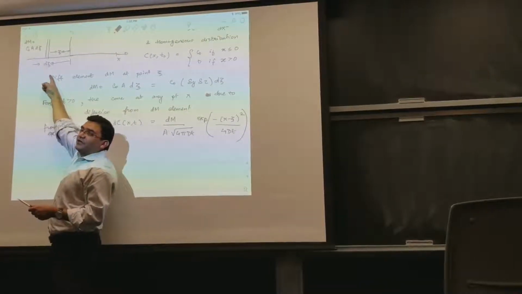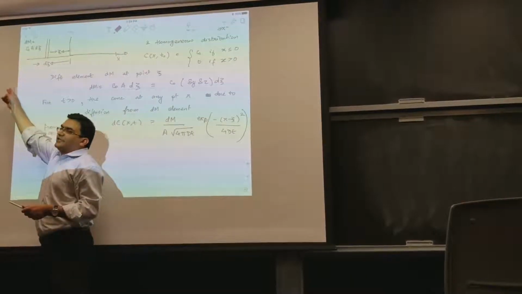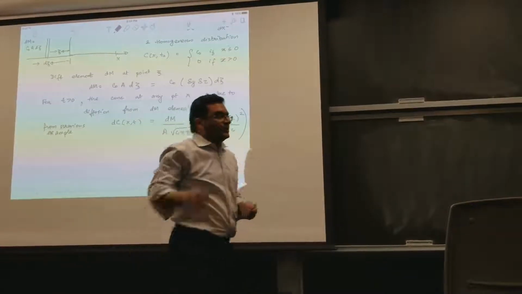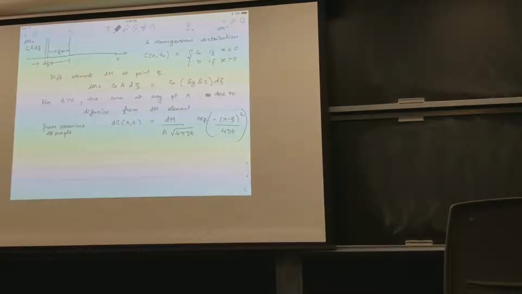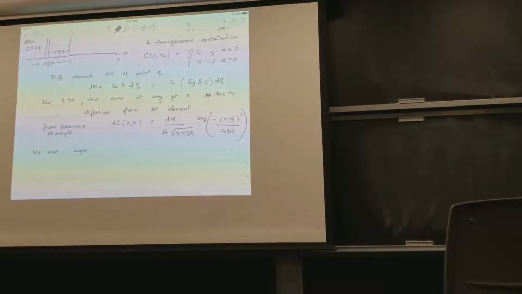If I have to figure out the total concentration there, I have to sum over all the differential elements. So if I sum over all the differential elements, we use the so-called superposition principle. So we superpose all the solutions, or we just integrate over everything that is contributing to this concentration, and that is going to be minus infinity to 0.